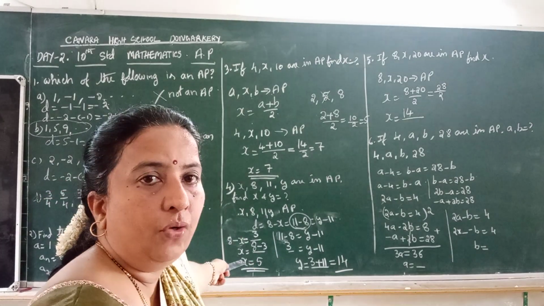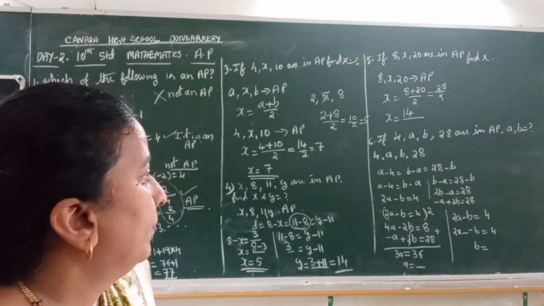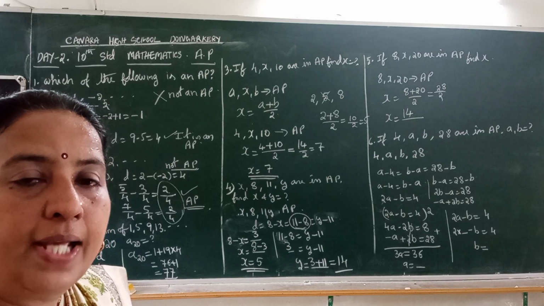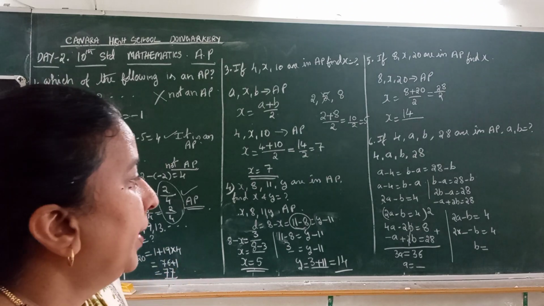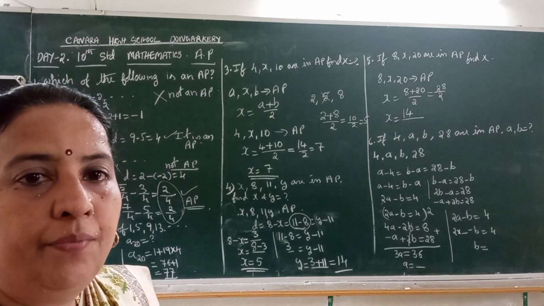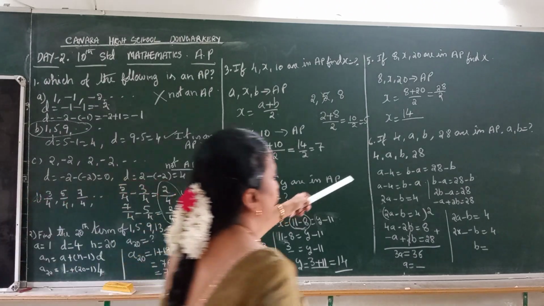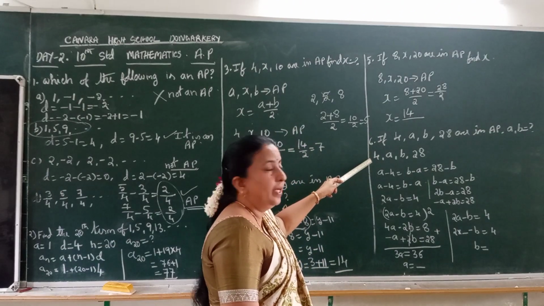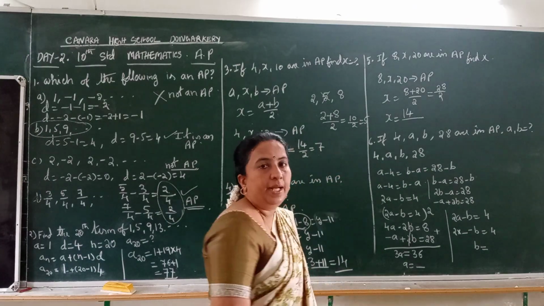Same as the fourth sum, isn't it? Difference between successive terms is the same. Therefore, write the AP first: 4, a, b, 28.